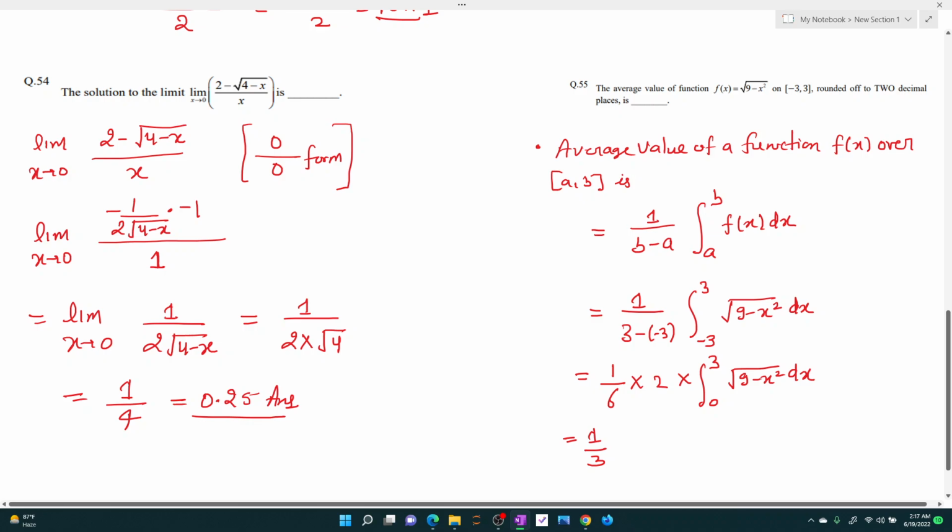Now this is basically of the form square root of a square minus x square, right?